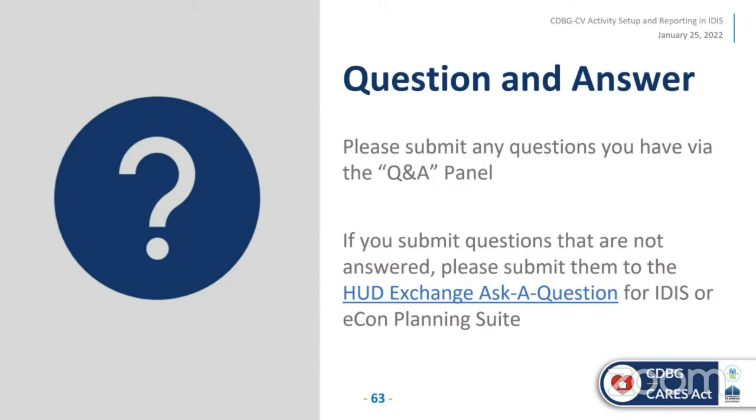And they want to know, why are some of the accomplishment types and matrix codes different between the state manual and the entitlement manual? I don't know this answer. Do any of our other experts on the call know why the matrix codes might be different between the two manuals?